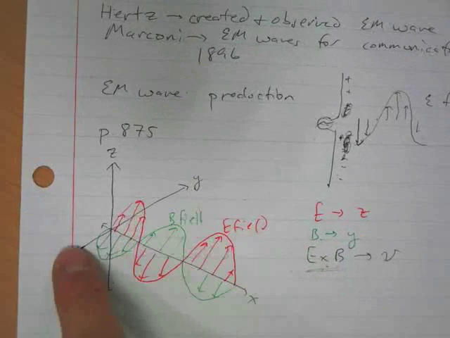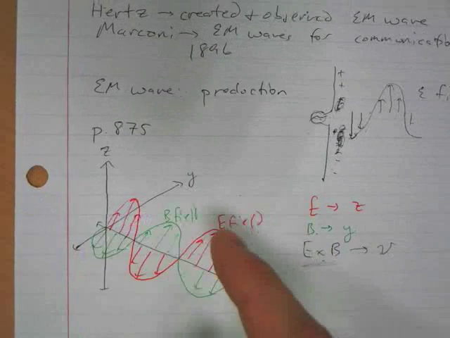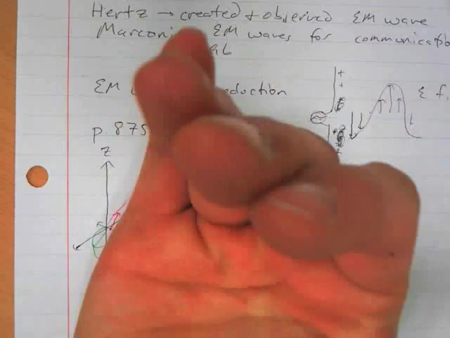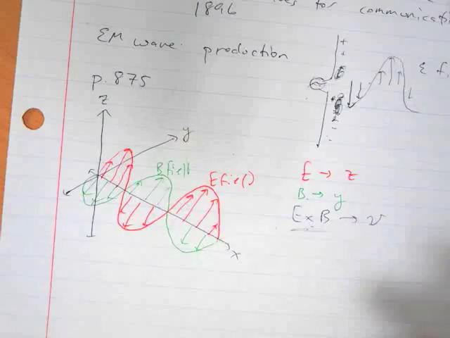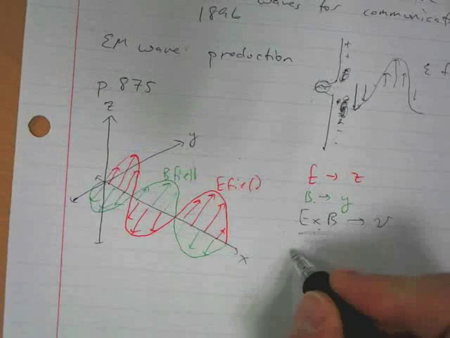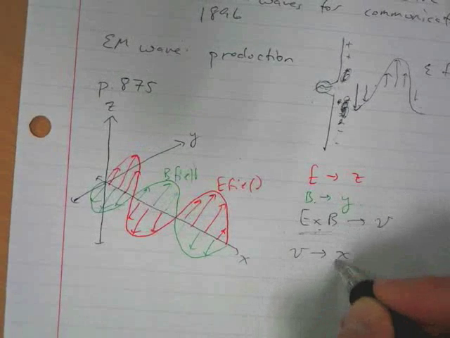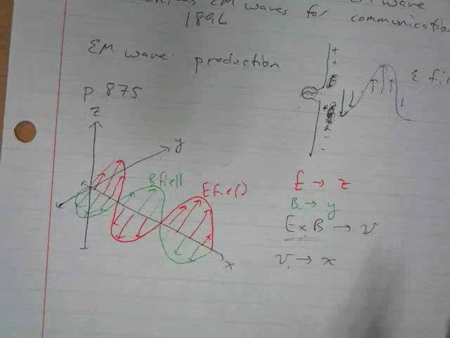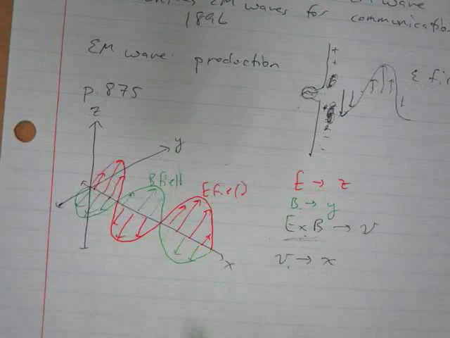I guess that's the positive y? Yeah, that would be positive y. So I put my hand in the z direction, curl my fingers in the y direction, and my thumb points over in the x direction. So in this case, the velocity is in the x direction. You point your hand in the direction of the E field, curl toward the B field, and that gives you the direction that the wave is moving.